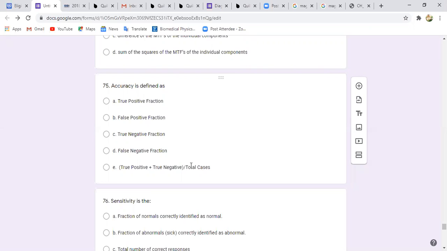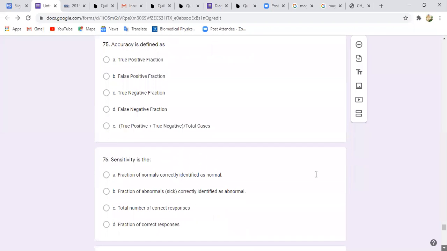The total number is true positive plus true negative plus false negative and false positive. All those give us the total number of cases. The false negatives and false positives should be as minimal, as very, very small as possible. So accuracy is just that.